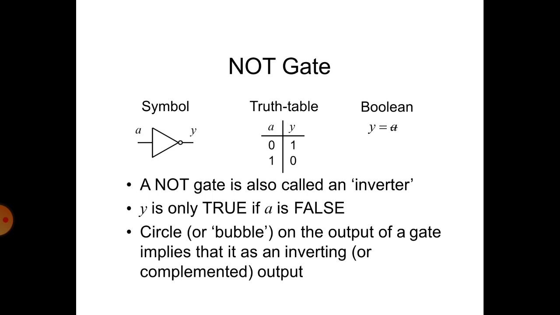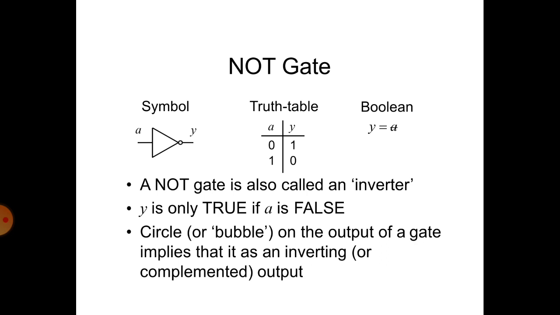The truth table for the NOT gate: it has only one input and one output. 0 gives 1, and 1 gives 0. The Boolean expression is Y equals A bar.